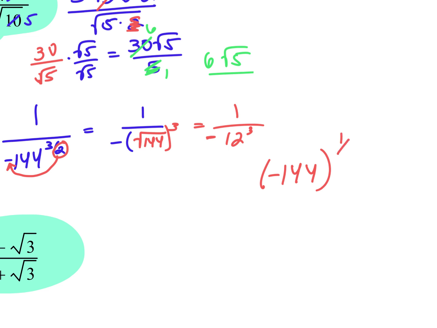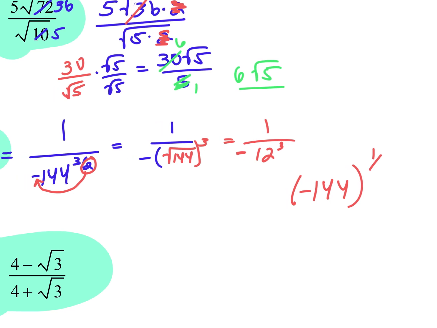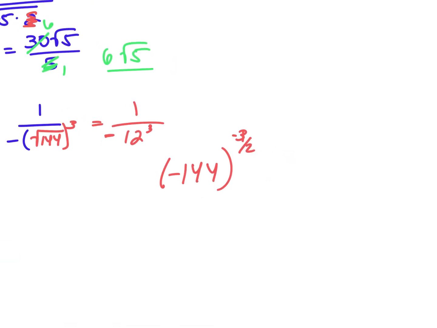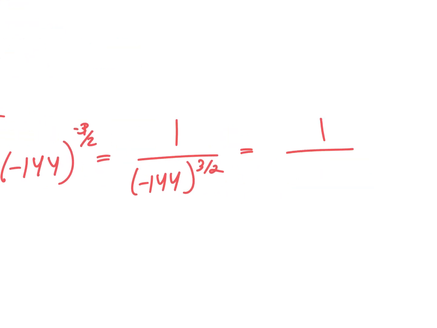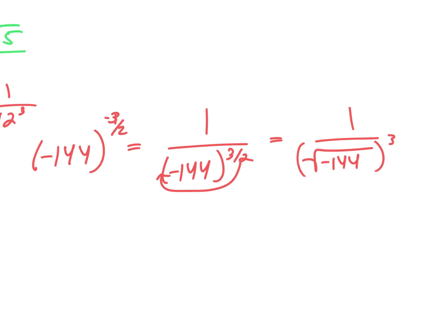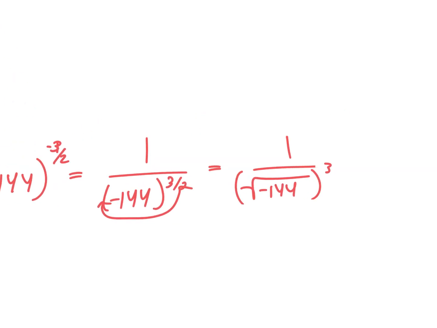Say it was like this. Negative 3 over 2. All right, if it was in parentheses, you would rewrite this as 1 over negative 144 to the 3 halves, correct? Now this is saying to me 1 over, this becomes your index, right? So the square root of negative 144 to the third power. When you have a fractional exponent, whatever the denominator of the fraction is becomes the root.